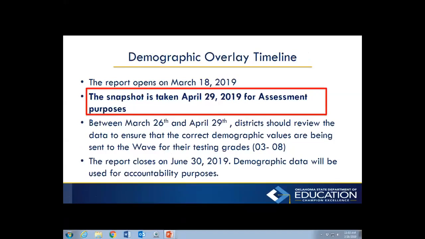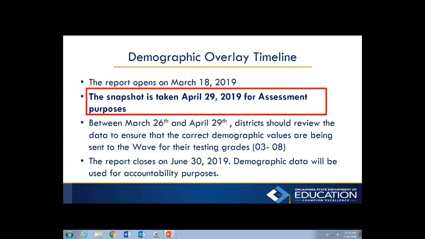That will be supplied to the vendors for assessment information, so you want to make sure you have all of your updates and views done, and any errors or questions resolved, by April 29th, because at that point we'll take a final snapshot, and that is what will be sent over. Any updates you'd want to make for those students, you'd want to have done by April 29th.